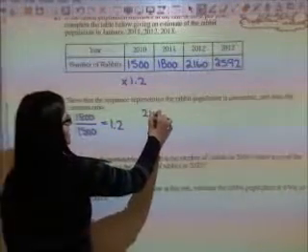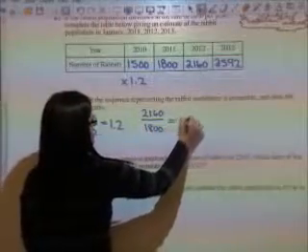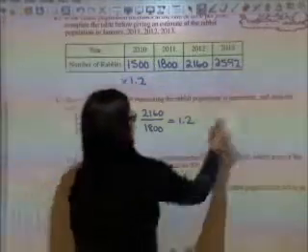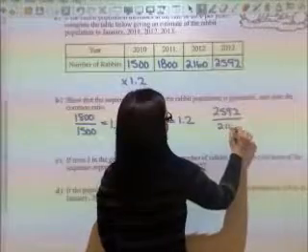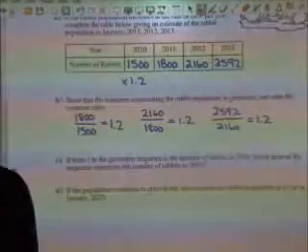Or 2,160 divided by 1,800 would also equal 1.2. Or 2,592 divided by 2,160 would still equal 1.2.